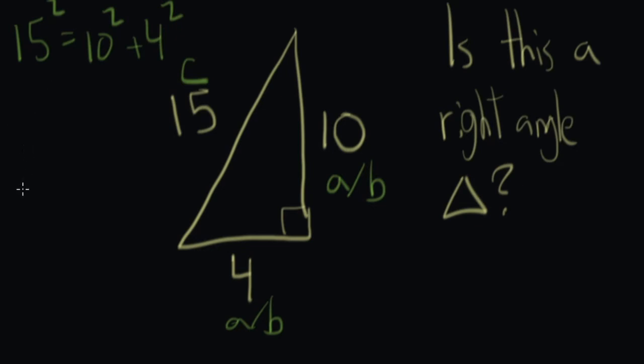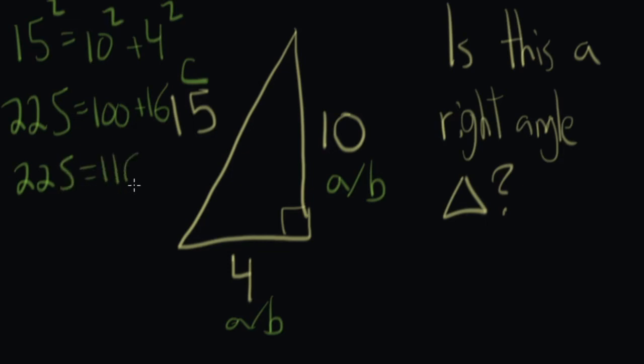And if you square the 15, you get 225. So 225, is that equal to 100 plus 16? Well, no, it's not. So it is not a right angle triangle. So that's how you can go and prove stuff.